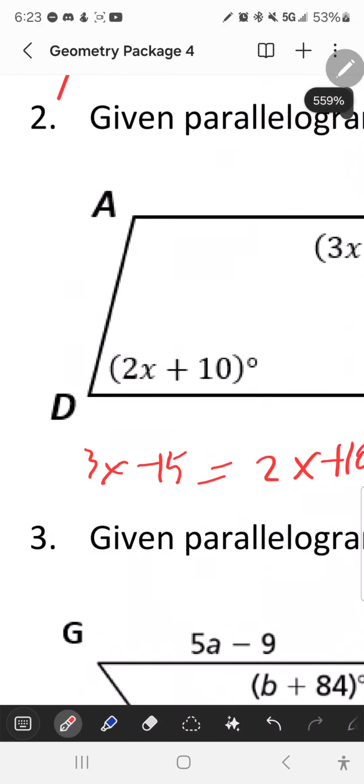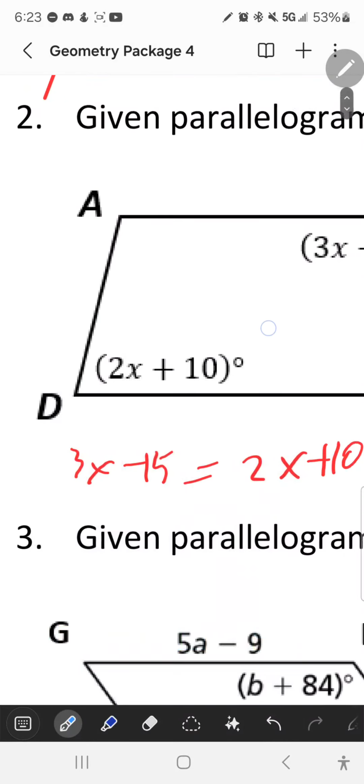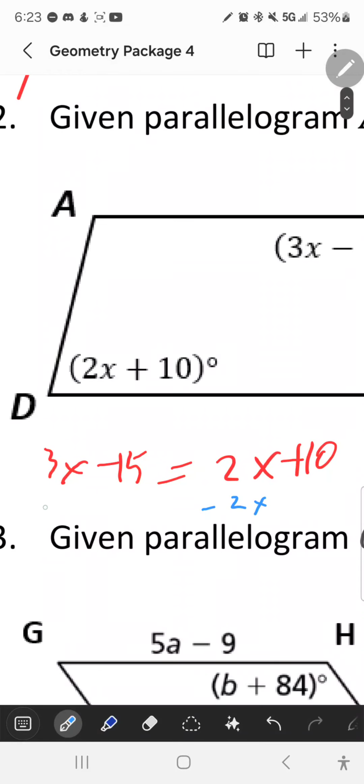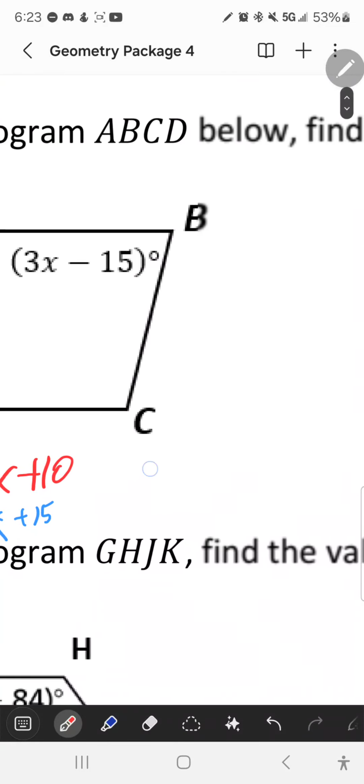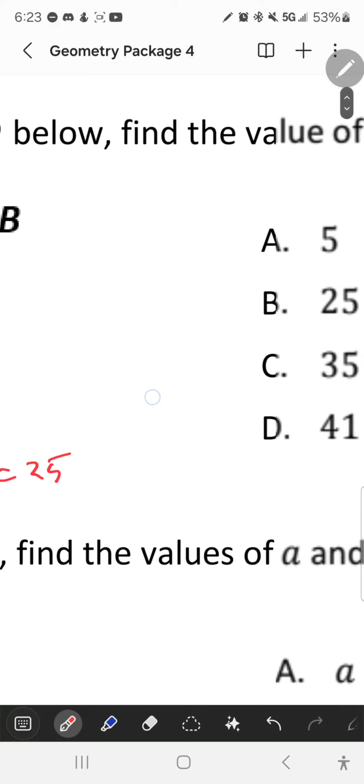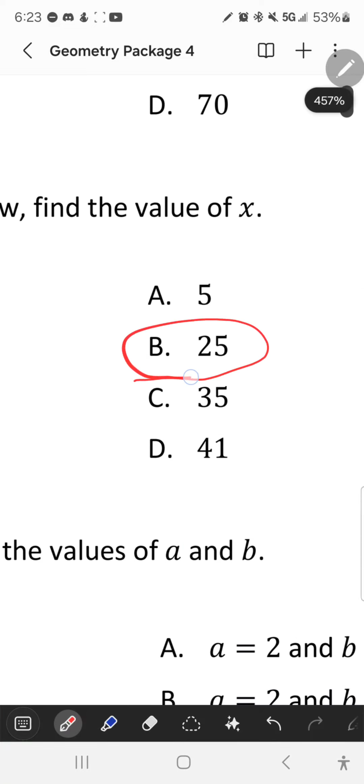Now I'm going to subtract 2x from both sides and add 15. So this cancels out and this cancels out, and I get 3x minus 2x is equal to x. And then 10 plus 15 is 25. That's the value of x.